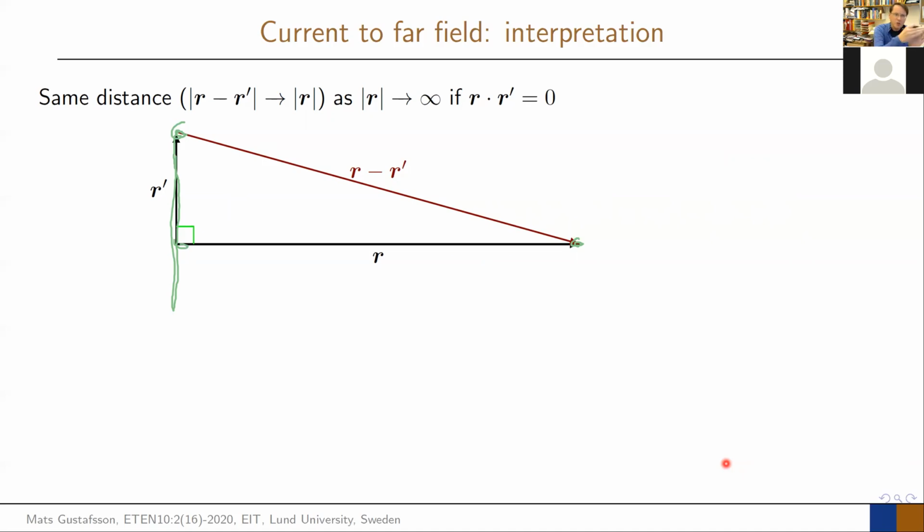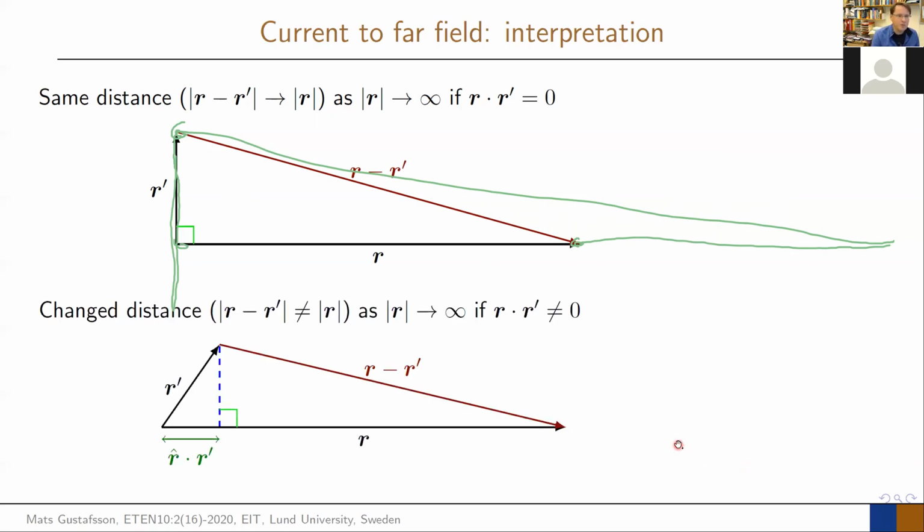It's always closer to go to the center here. But when I move this point further and further away, this is always true, but the distance difference actually approaches 0. So when you go in that direction, you have your dipole here, and I'm looking in this direction away from it in this plane. It's the same distance to all of these points.